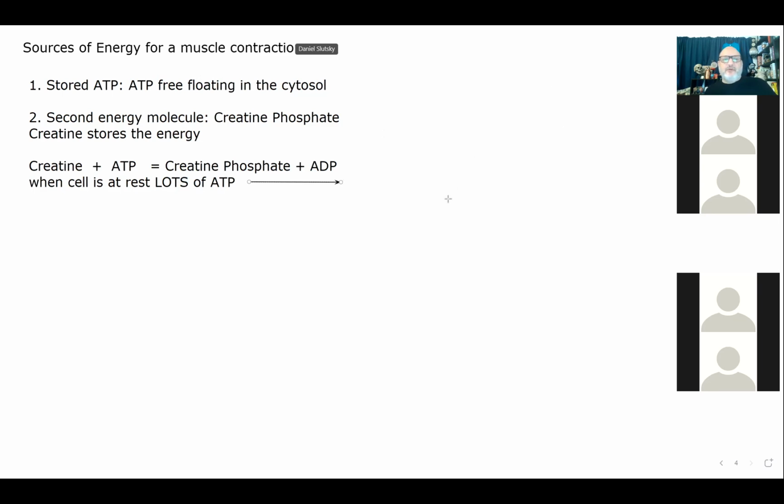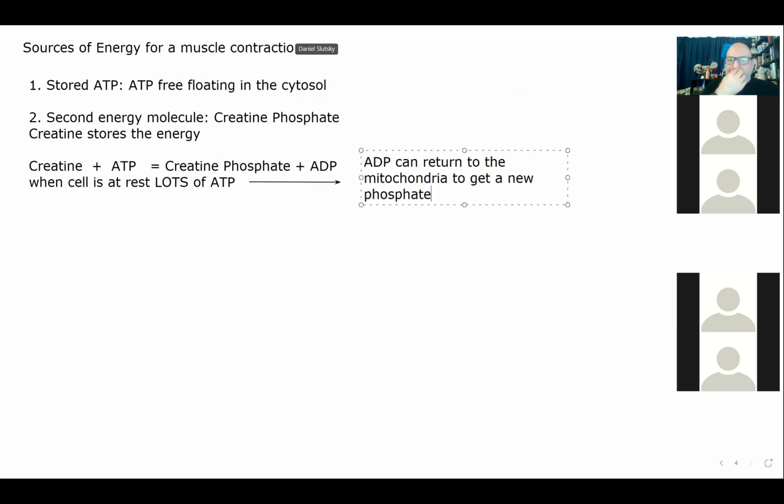So we get lots of creatine phosphate. And then, of course, this ADP can go back to the mitochondria to get a new phosphate, and we can make more ATP while it's there.